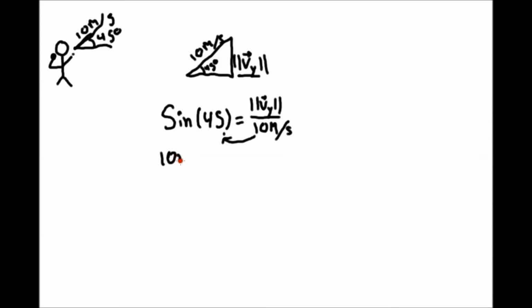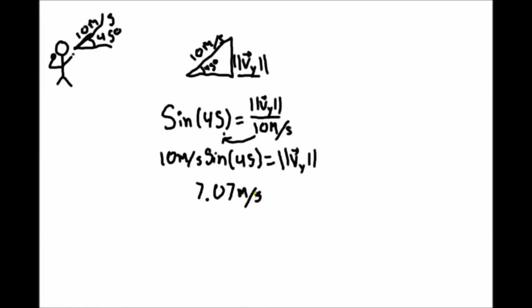So we have 10 meters per second times sine of 45 is equal to the magnitude of the velocity of the ball. Now, if you can get out your calculator and solve this, you should get approximately 7.07 meters per second. And that's how fast the ball is going to be traveling on the y-axis. Okay?